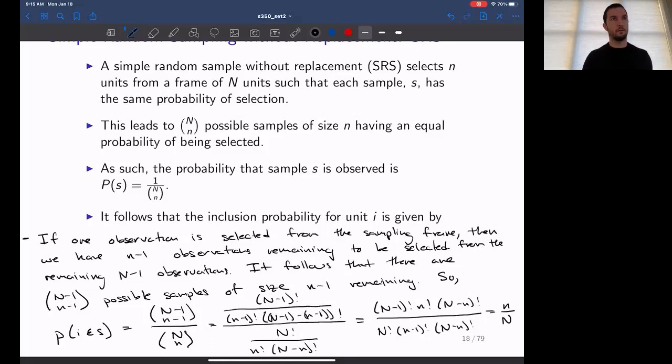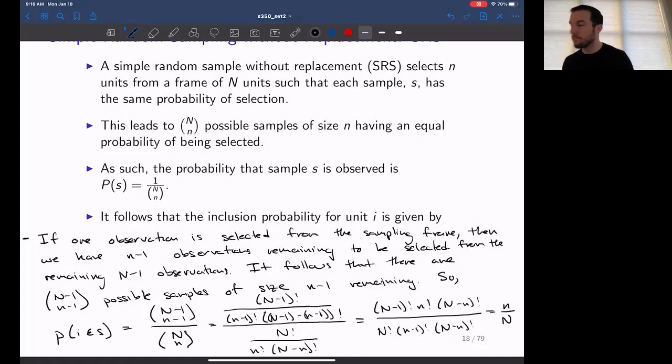It's N times N minus 1 times N minus 2 times N minus 3 dot dot dot. Okay. And then little n factorial equals n minus 1 times n minus 2 times n minus 3 dot dot dot.